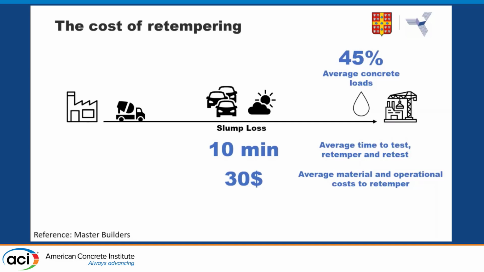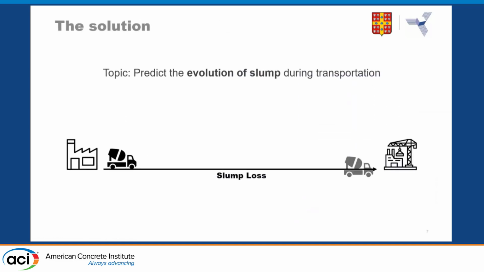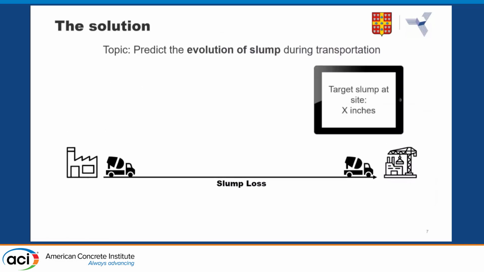So I was wondering, could we predict the evolution of slump based on multiple inputs during transportation to avoid this need for retempering? As a real-world solution, we already have the tablet and the system showing the slump at site, let's say 6 inches.